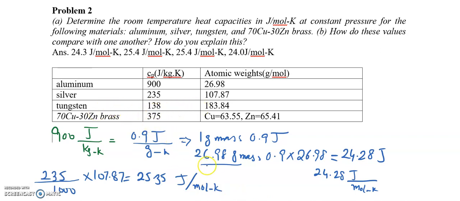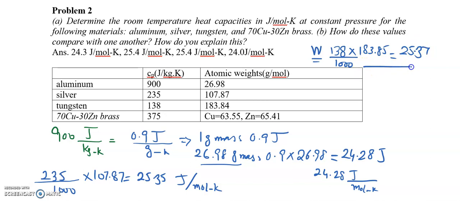And similarly for tungsten, it is 138 per 1000 times 183.84, so it is 25.37 joule per mole Kelvin.